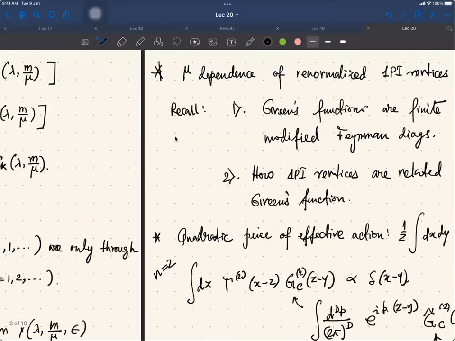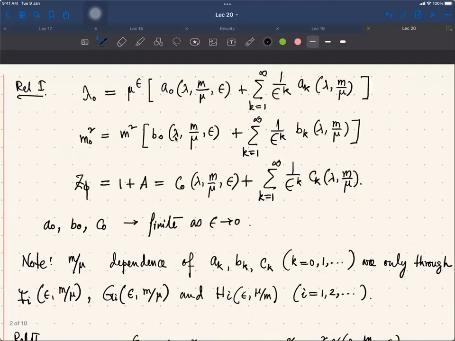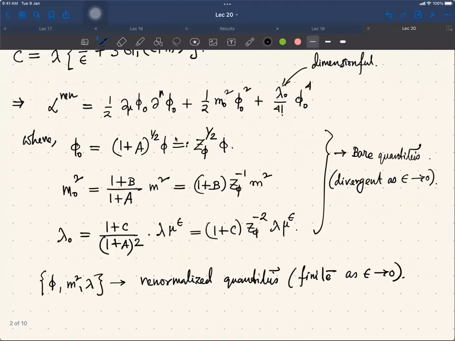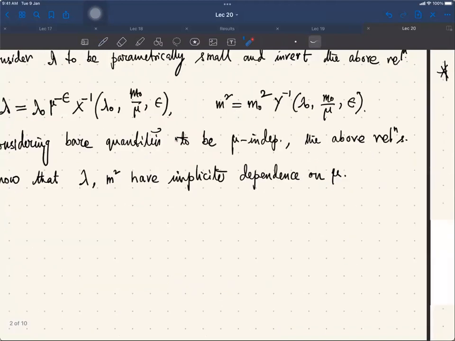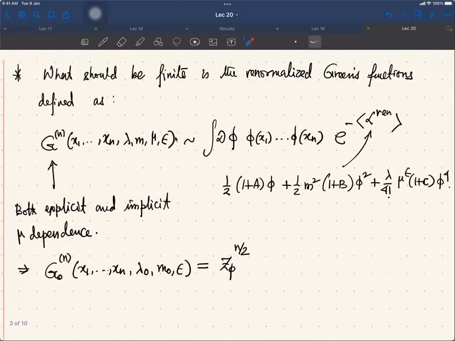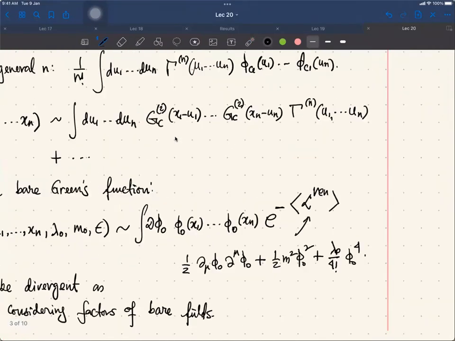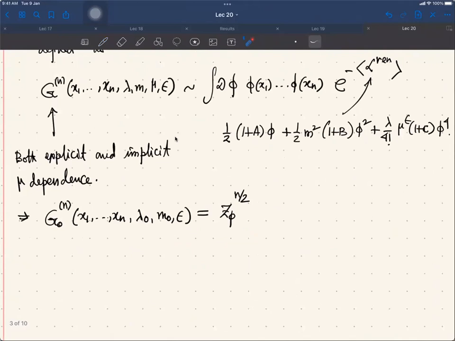So phi 0 is equal to, recall the definition, the relation, phi 0 is Z phi to the power half times phi. So that relation is being used to write G0. The n factors of phi 0 that are present in G0 are being replaced by Z phi to the power n by 2 times n factors of phi's, and that is the renormalized Green's function.